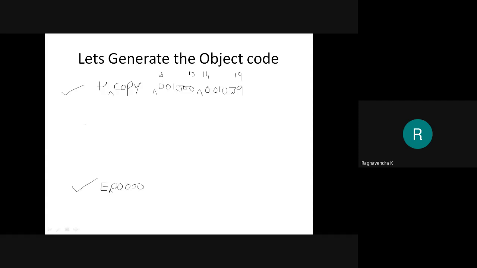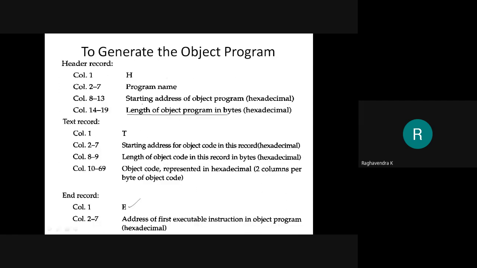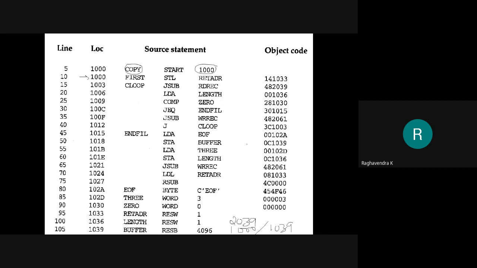Now we will write the text record. This is important. So text record, what does this contain? First T, I have already written that. Next, starting address for object code in this record. So let us look into the program. I said that in one text record you can have maximum 10 instructions.